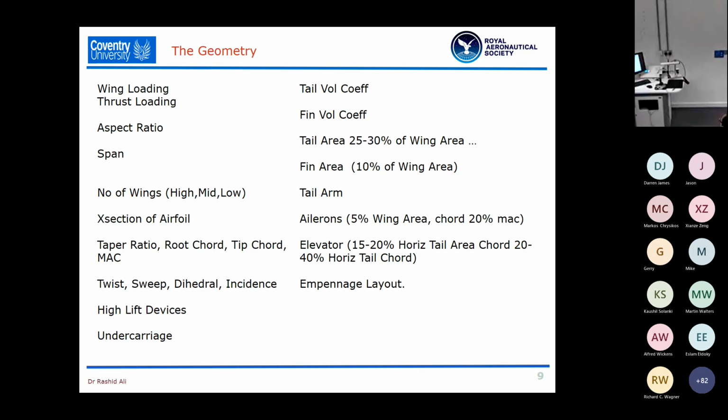So what we then do is we may make use of some empirical relationships that people have established, especially at the conceptual design review stage, where we will say that the tail area needs to be roughly between 25 to 30% of the wing area, and that does the job reasonably well. Similarly, we have ratios for the fairing, and we have ratios for the control surfaces.